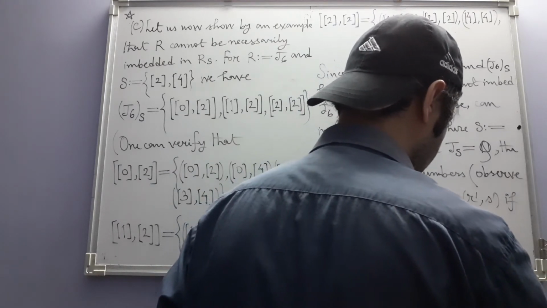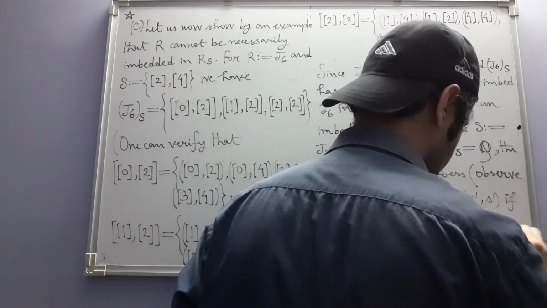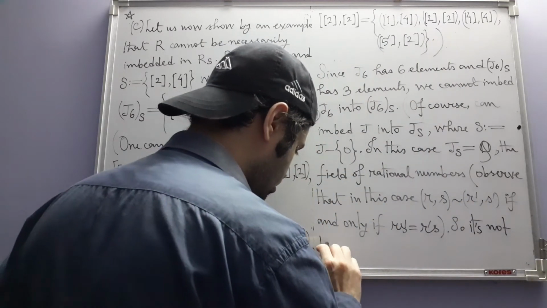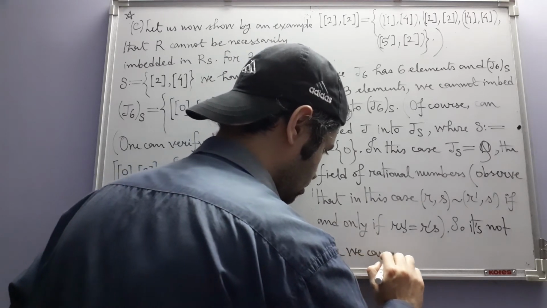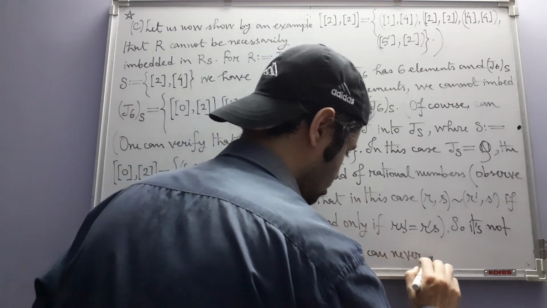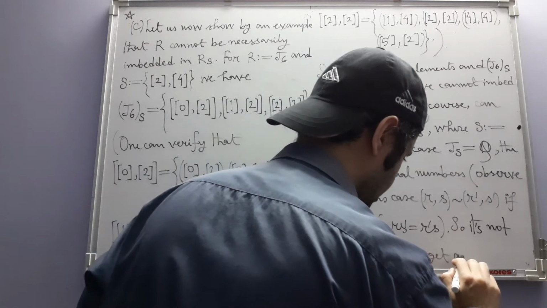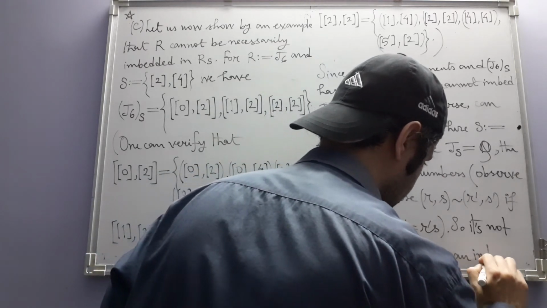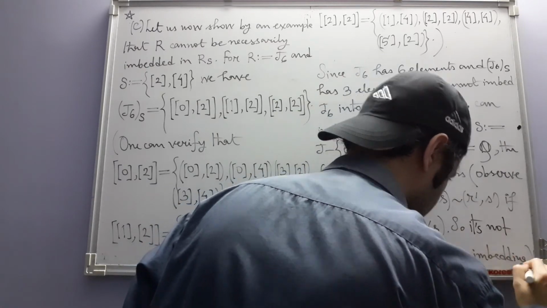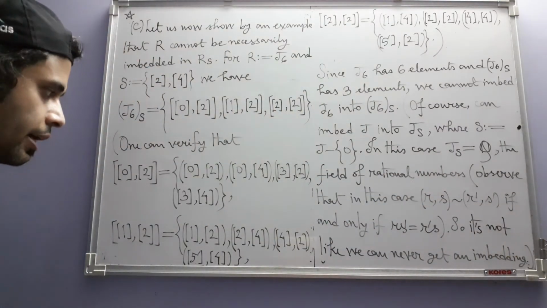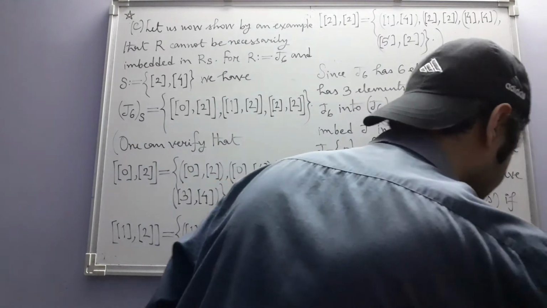So it's not like we can never get an embedding. Okay, so this ends the complicated part C.